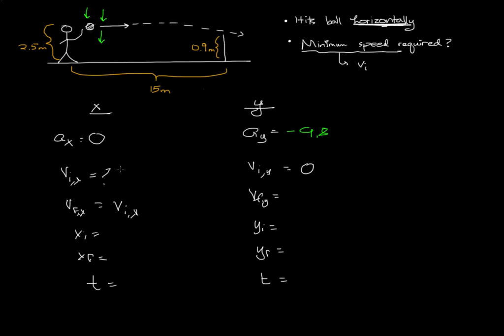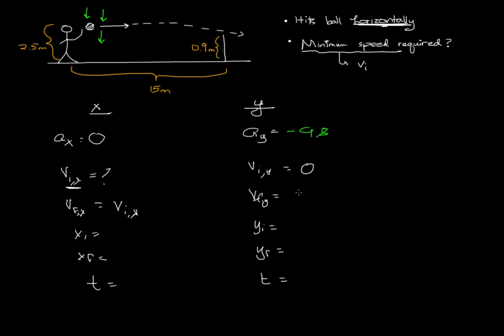So for those of you who haven't seen the previous videos, I'll just quickly recap that if you're starting off at some initial velocity and you have zero change, right? Because acceleration is just a change in velocity. So if you're starting off with something and you don't change it at all, you end up with that exact same thing. So even though we don't know what we started off with, we know that we're going to end up with that initial velocity in the x. So that's kind of neat.